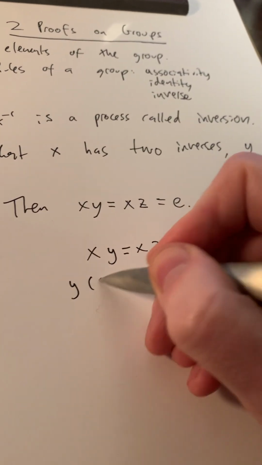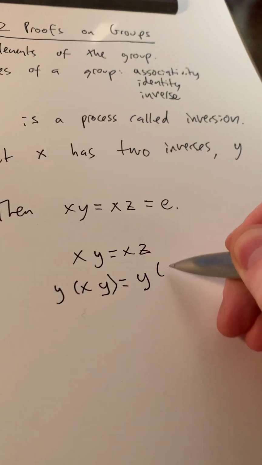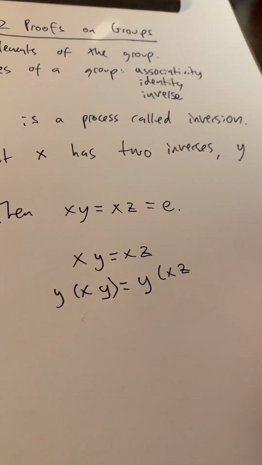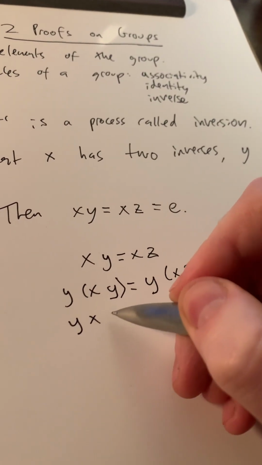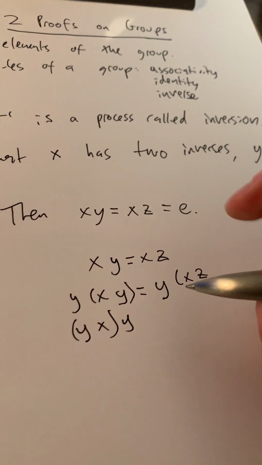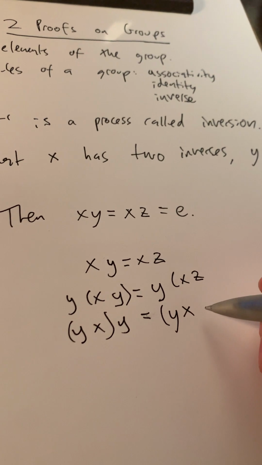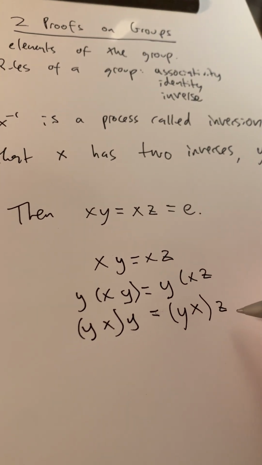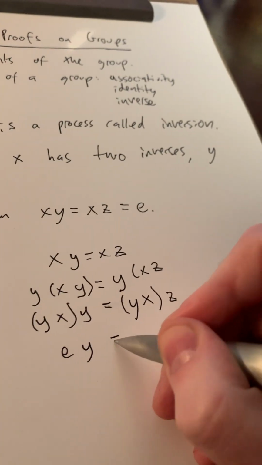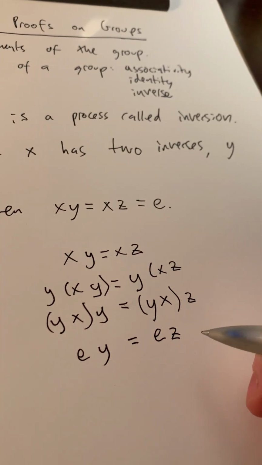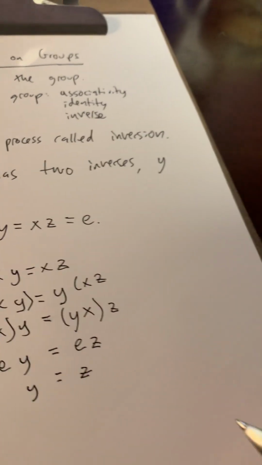Y of XY equals Y of XZ. Y of XY equals YX of Z. Therefore, EY equals EZ, and Y is equal to Z.